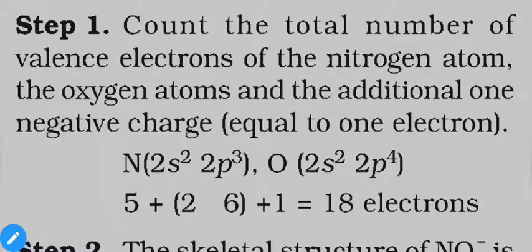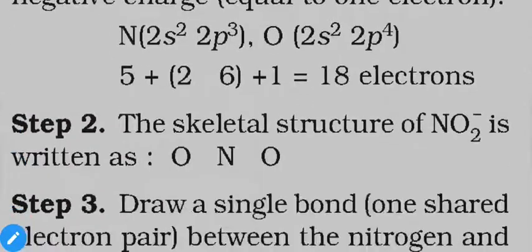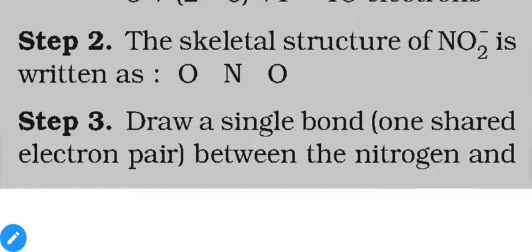So in the first step we got a total of 18 valence electrons, and now you have to arrange the 18 electrons around 3 atoms, so that each atom gets 8 electrons around it. Our next step is to get the skeletal structure. As mentioned earlier, usually the less electronegative element will be present at the center, and the more electronegative elements will be around it.